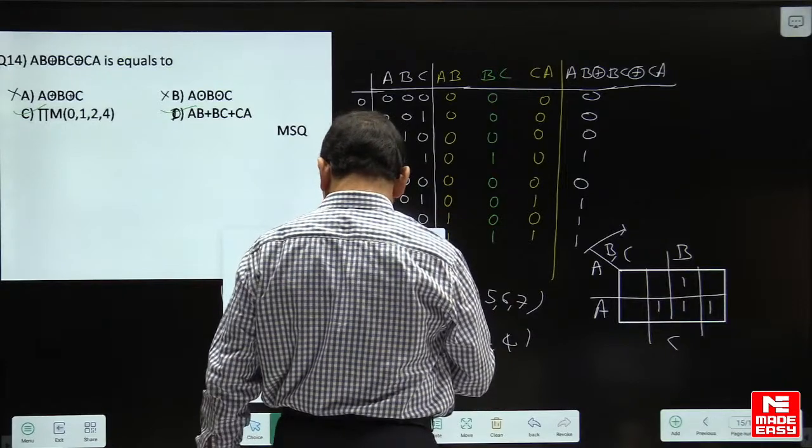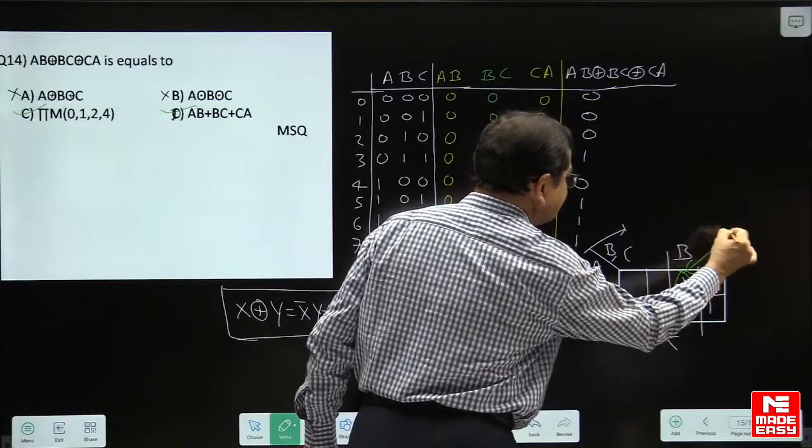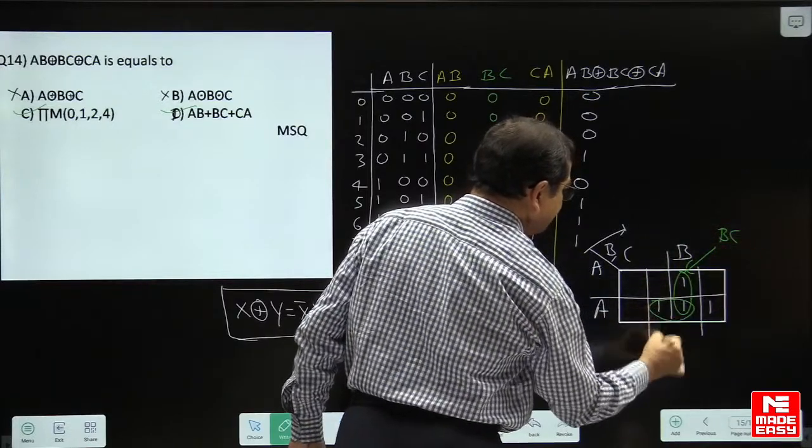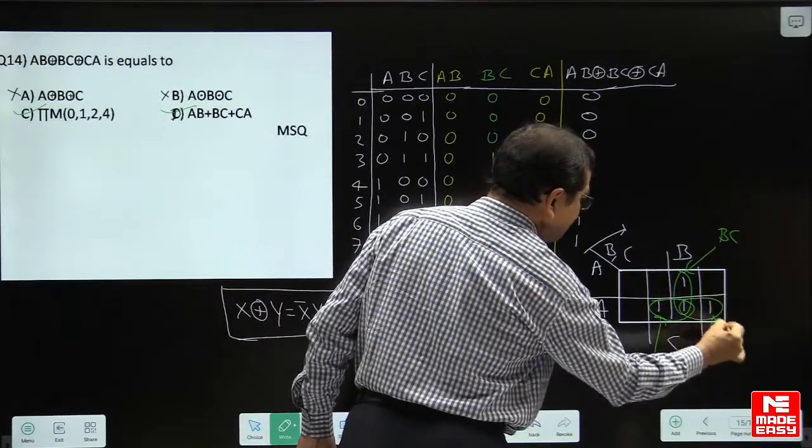We are looking at the subcubes like this. This is giving you BC. This is giving you AC. This is giving you AB.